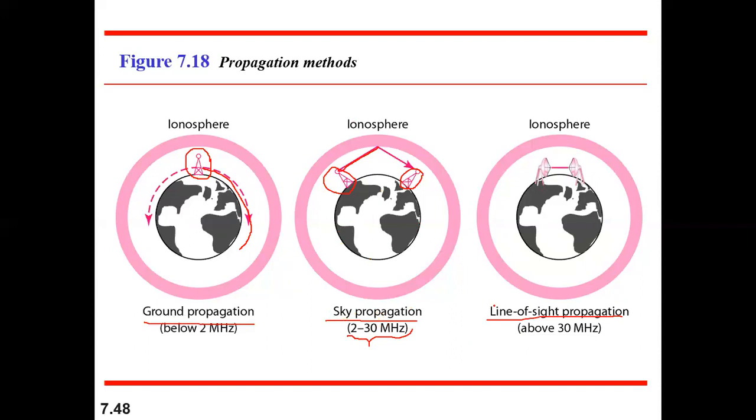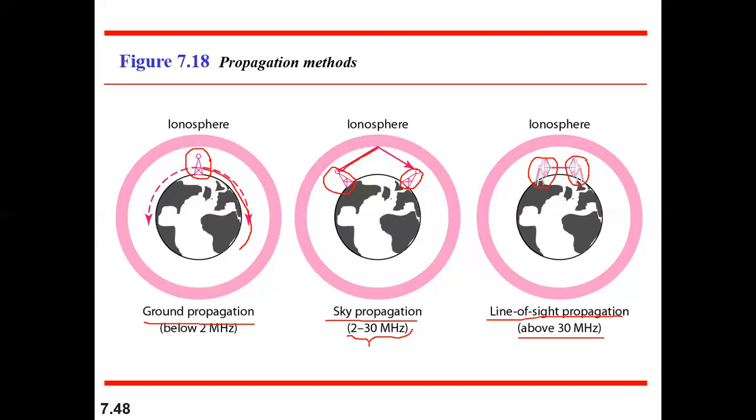Now, the third method of propagation is line of sight propagation, and this is normally done for signals of much higher frequency. So frequencies above 30 megahertz normally propagate using this propagation method. Now, to use this propagation method, the sending antenna and the receiving antenna need to be faced towards each other.